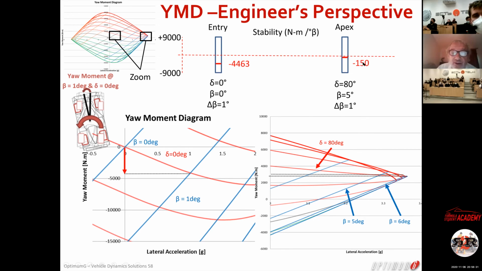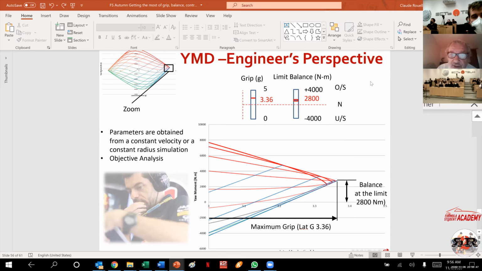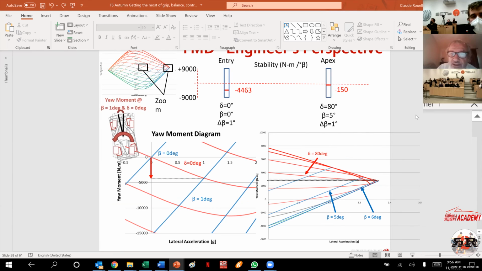And that means that the car, at the apex, is not going to be very stable, okay? So I gave you 6 magic numbers here from the engineer perspective, which is the grip and the balance, the control at the entry and at the apex, at the limit, and the stability at the entry and at the apex.